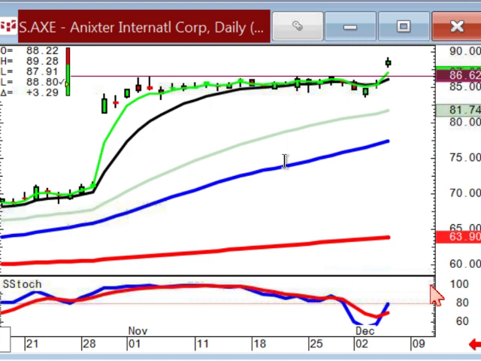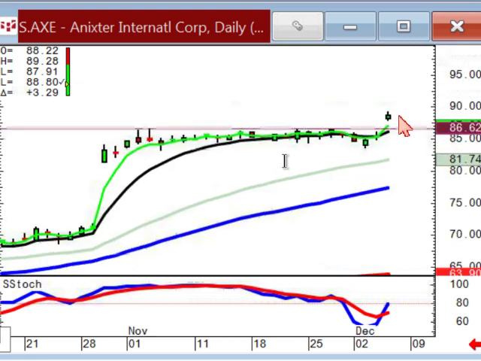What can we kind of expect with that strength? Maybe another move of this magnitude. So what's my risk reward? I think I bought the December 90s for 80 cents. So what's my risk reward? Well, if it fizzles in here and I get out at 40 cents, all right, lost some money.